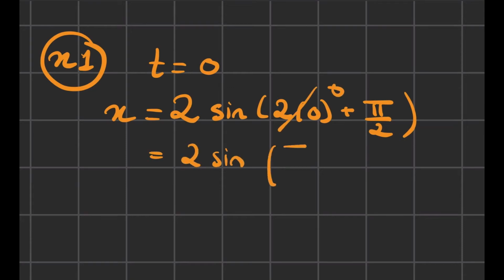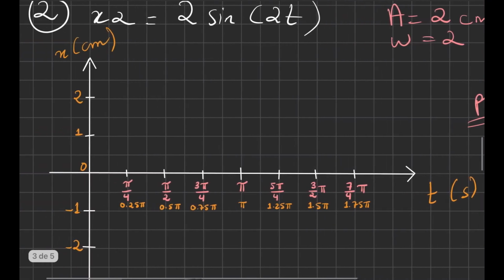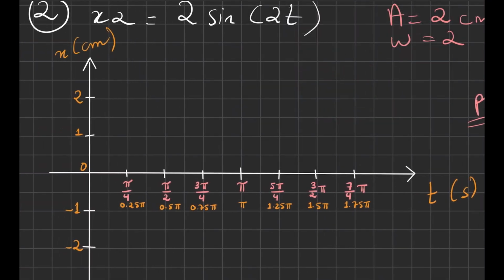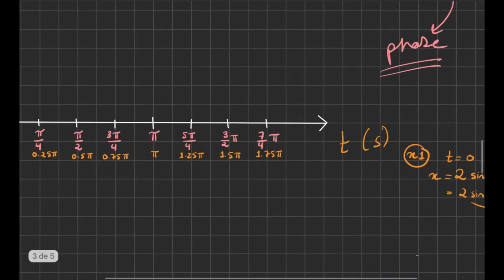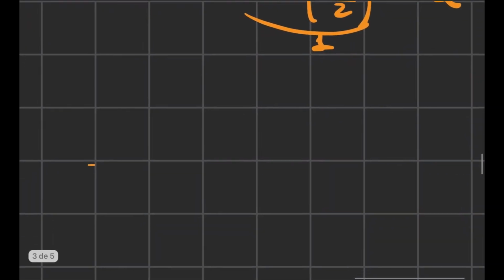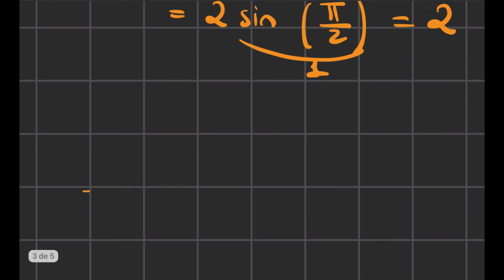That's 2 sine pi over 2. We already know from the trigonometric circle that sine pi over 2 equals 1, so 2 times 1 is simply 2. So the first point, let's choose a green color, at t equals 0, x equals 2.